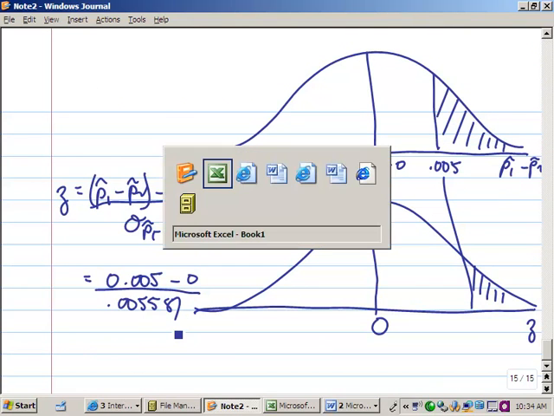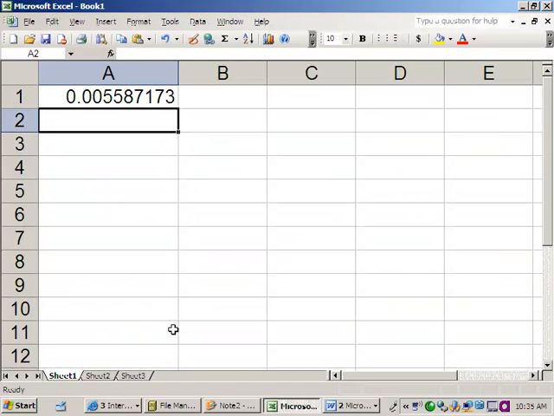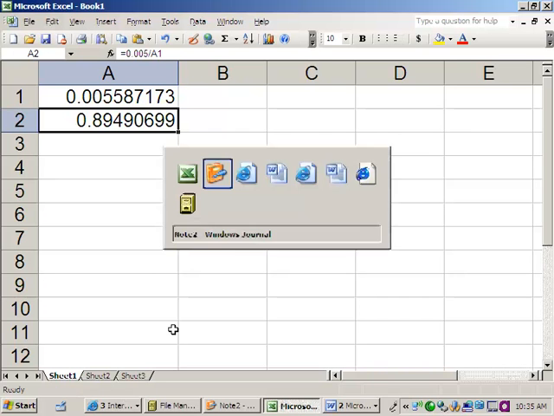We'll do that in Excel. So equals the limit 0.005 divided by standard deviation. The minus 0 just falls away. It's unimportant. And to two decimal places, that's 0.89.